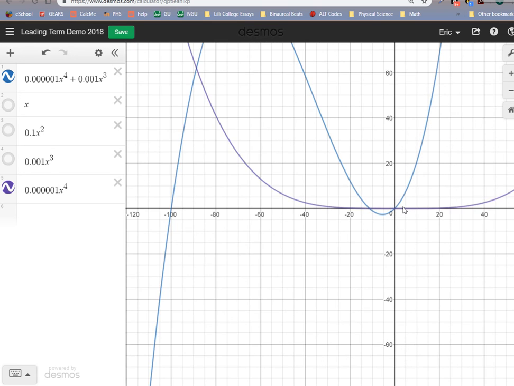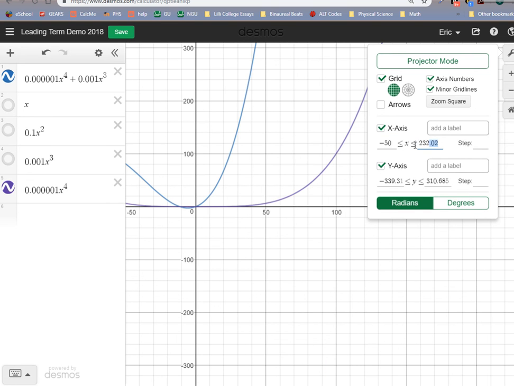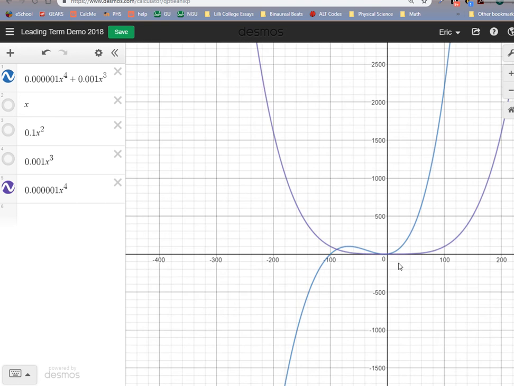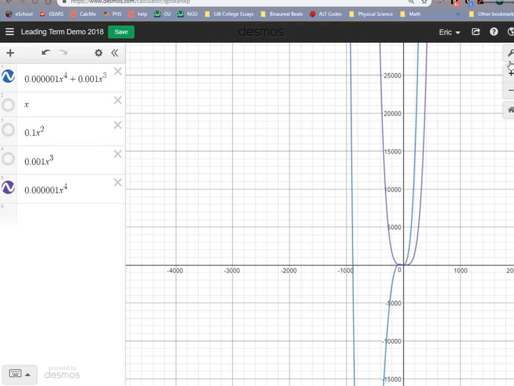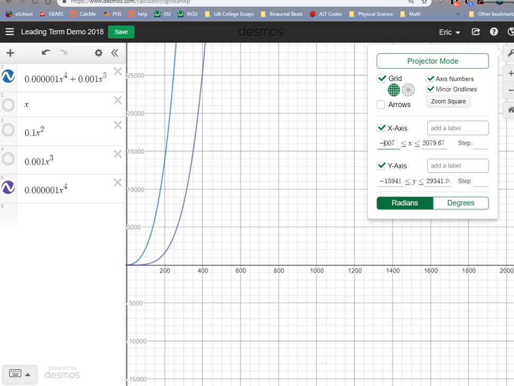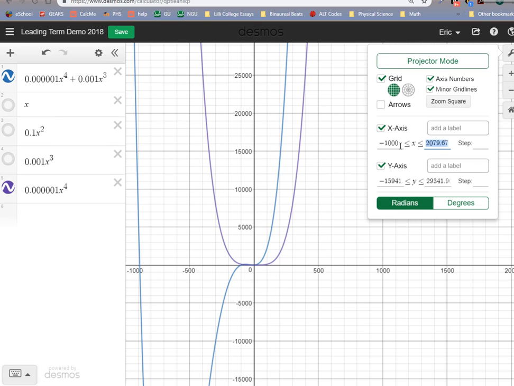Let's let the x-axis go from negative 50 to positive 50. Okay, and now if I zoom out some more from there, let's go negative 1,000 to positive 1,000.